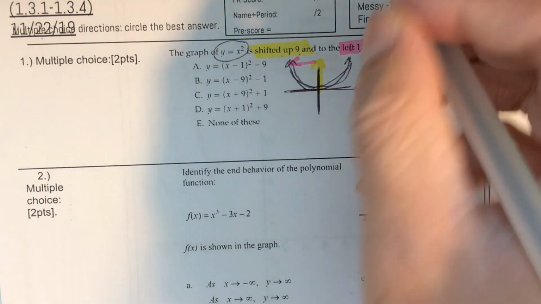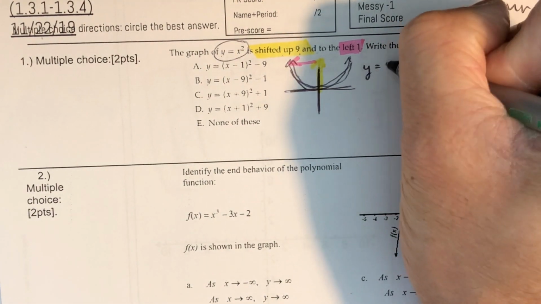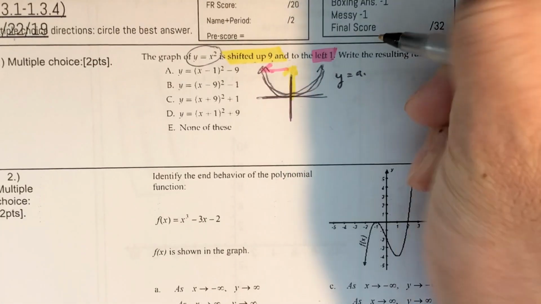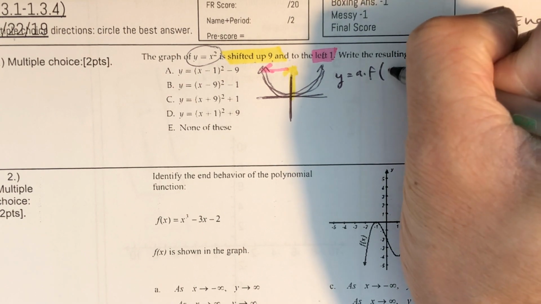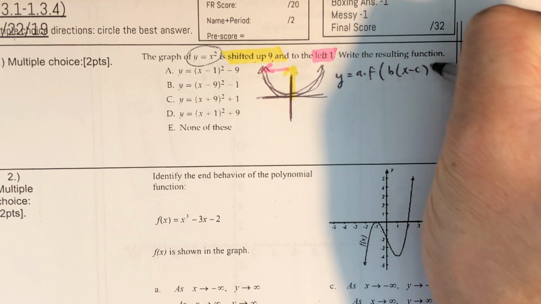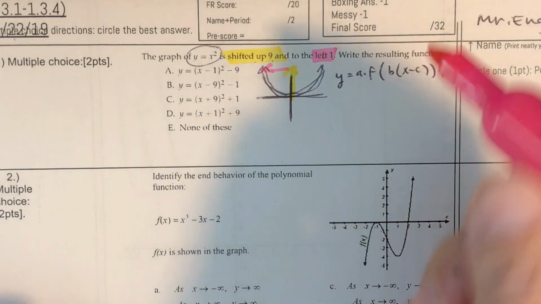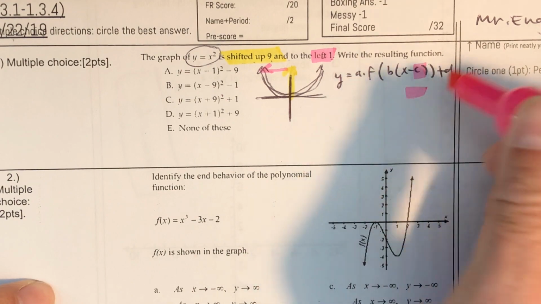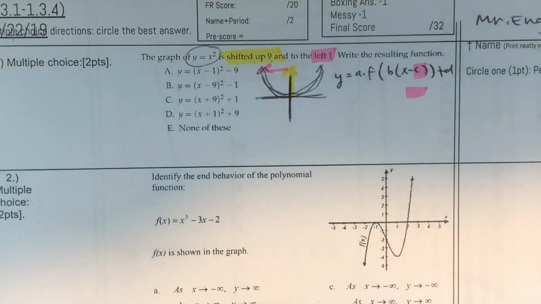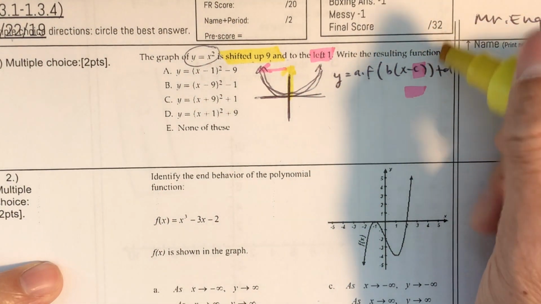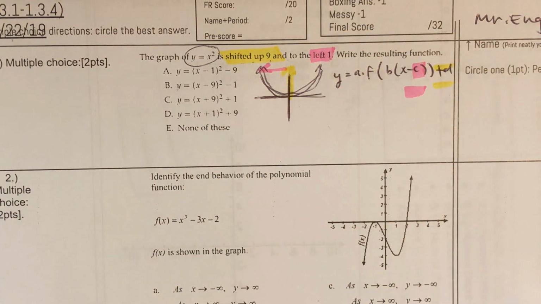And if you do your transformations, y equals a times f of b times x minus c plus d, the left one is here, and your d value is there.